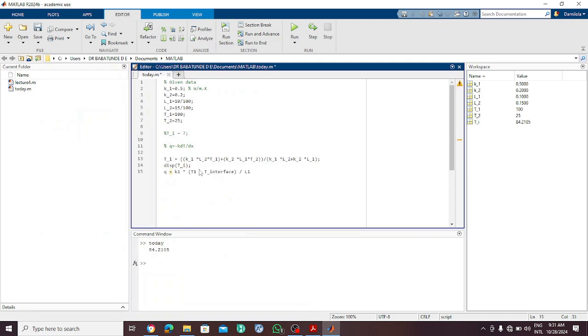I'm using material 1, another person can use material 2. So let me run it.